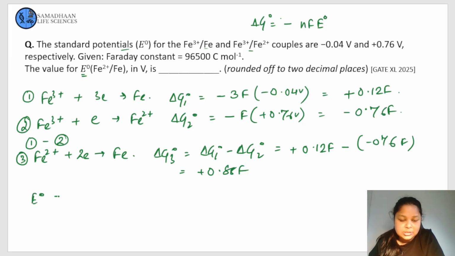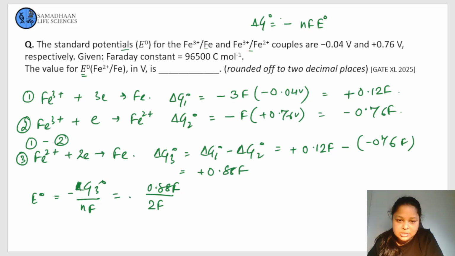So E naught for this third system will be minus delta G3 divided by n into F. Delta G3 we have as 0.88 into F. n here is 2, so 2F, and we have this negative sign. So F cancels out, minus 0.44 volt, right? The unit of cell potential is volt. So the answer is minus 0.44 volt.